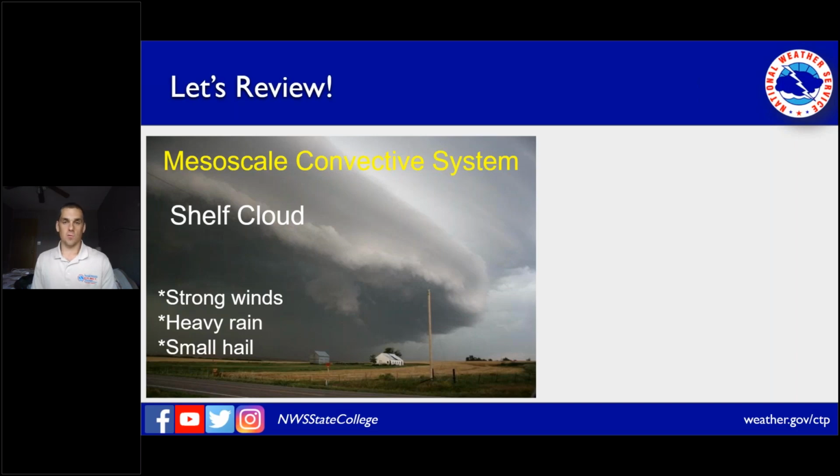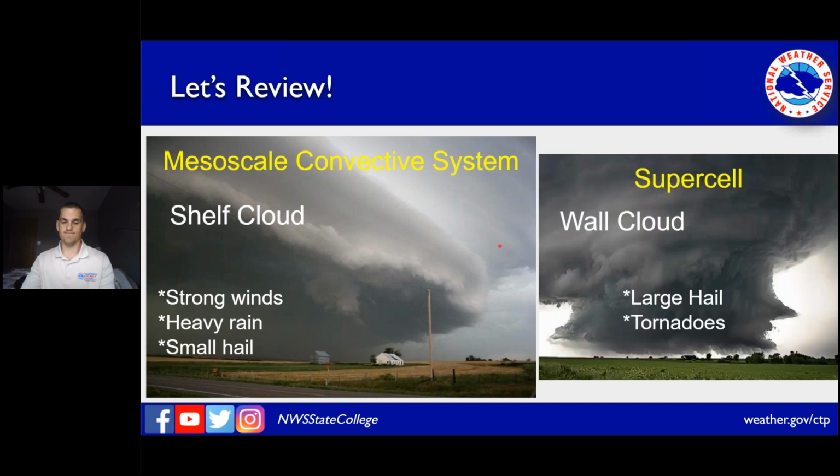So the shelf cloud, you're looking more at the wind punch right behind it, as that shelf cloud passes over you and then behind you, and the heavy rain with it, and again, small hail. Weak tornadoes are possible with them, but the greatest concern is certainly the straight surge and punch of winds from behind it, and the heavy rain along with it.